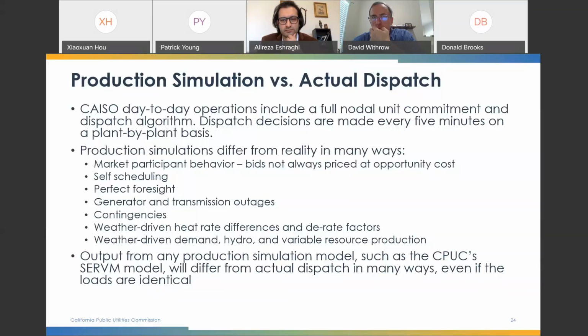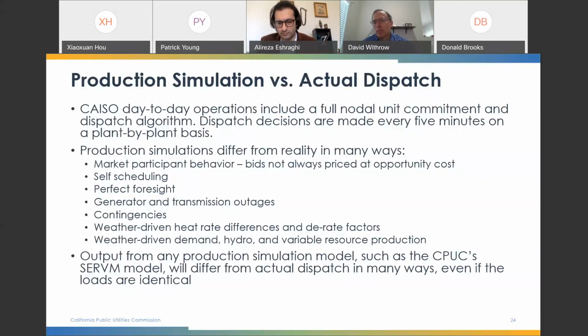They usually don't treat market participant behavior in detail and self-scheduling. There can be issues with perfect and imperfect foresight. There are things specific to the way that actual years play out that you don't necessarily want to model in future years, namely, exactly when did a specific heat wave occur? Did you have a low or a high or a medium hydro year?